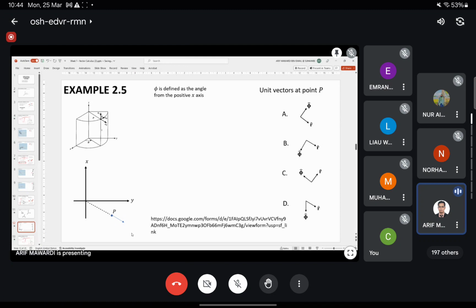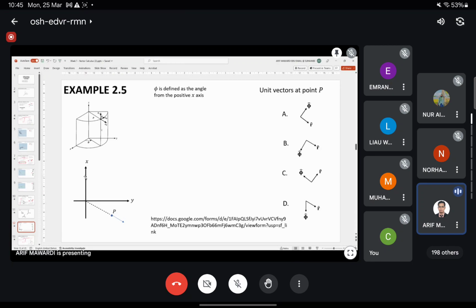And then for phi, if I want to sketch the unit vector phi, you have to go back to the definition of phi. Phi is defined as the angle from the positive x-axis. First you need to notice that this is your positive z-axis.